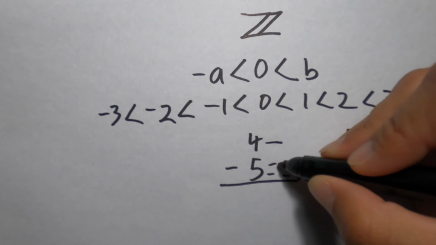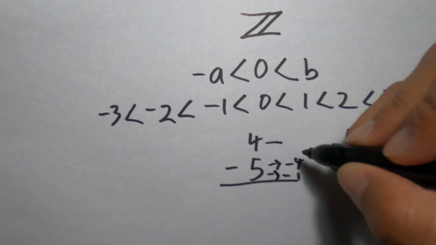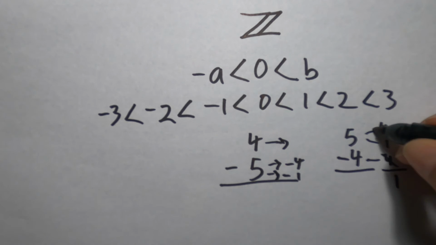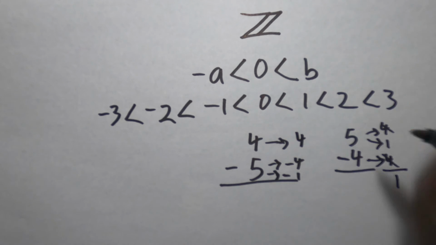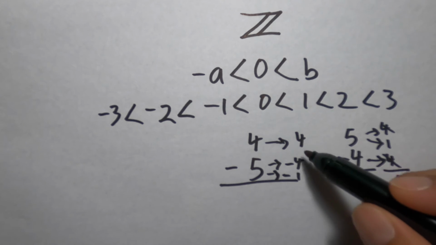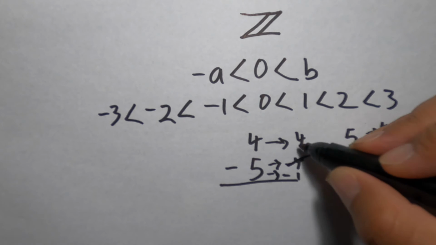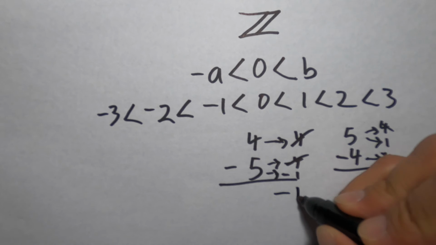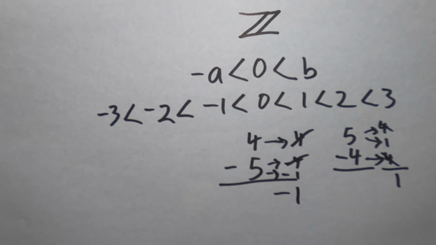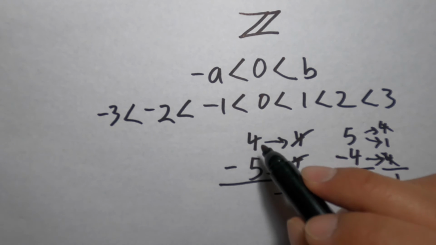And then over here, let me draw arrows so it's more distinct. We have 4. And 4 minus 4 is 0. That just leaves a -1. So -1.